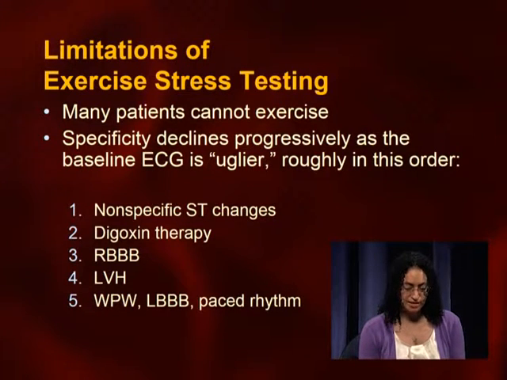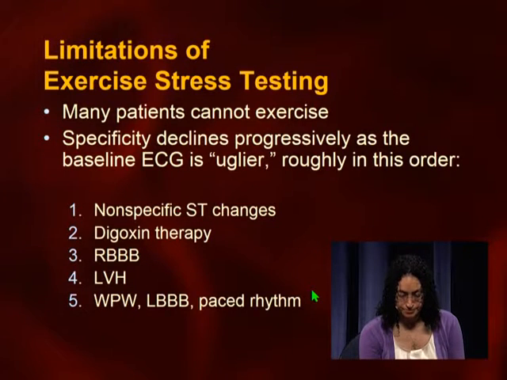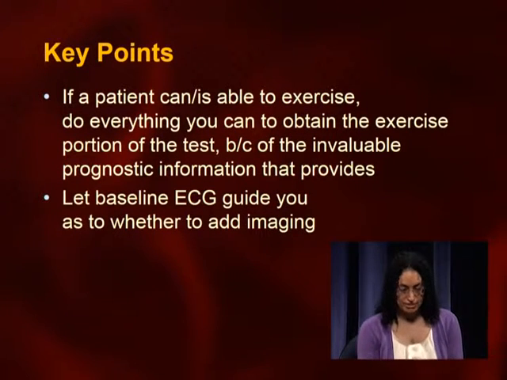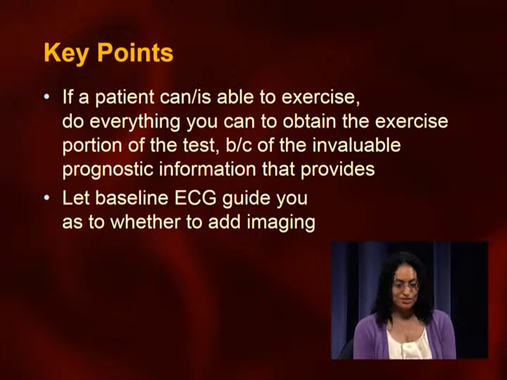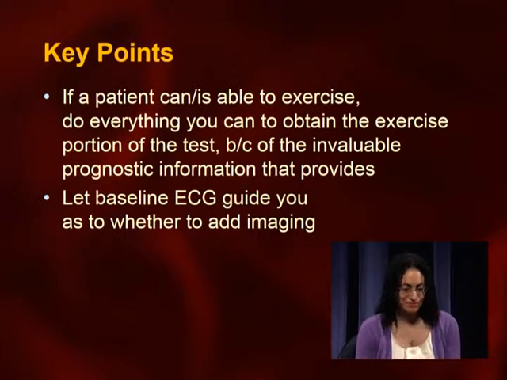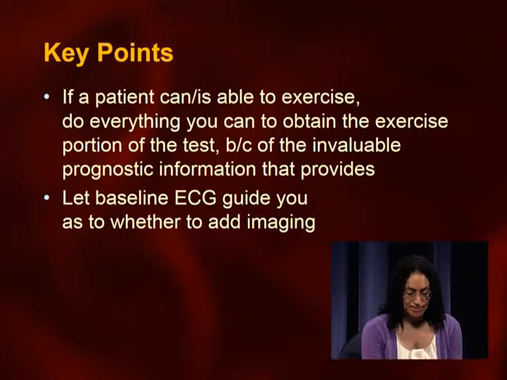That's where if you have these, left ventricular hypertrophy or left bundle, on your baseline ECG, you know you're going to get another imaging test, in addition to exercise if they can exercise, because the ECG will just be uninterpretable during exercise. Okay, so if a patient can exercise, do everything you can to get the exercise portion of the test, and then let the baseline ECG guide you as to whether to add imaging, or let their pretest probability guide you.